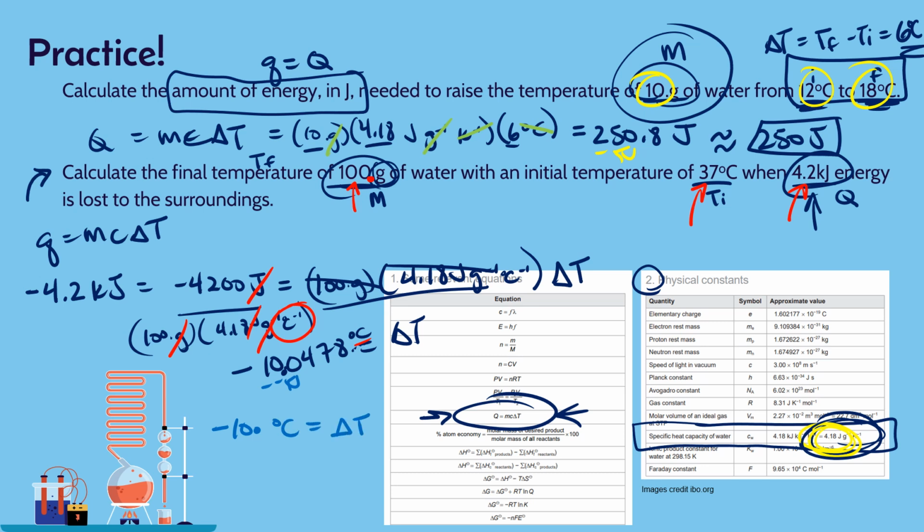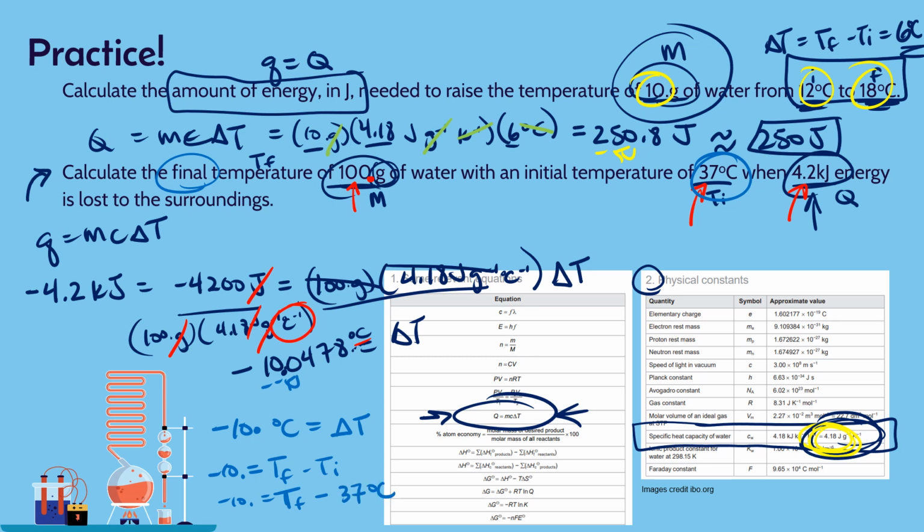This is not my final temperature. It is my change in temperature. So negative 10 is my change in temperature. It is going to be equal to my final minus my initial. Negative 10 degrees Celsius is equal to final temperature minus my initial temperature, which was 37 degrees Celsius.